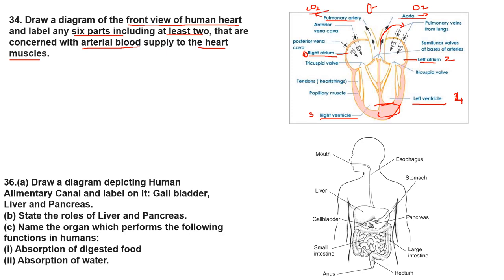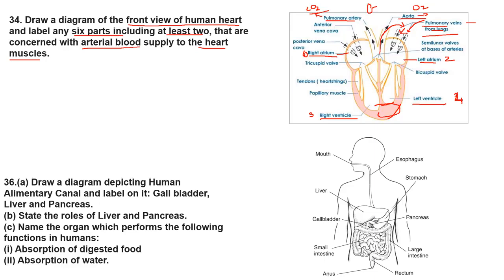So the pulmonary artery takes blood to the lungs, where there will be exchange of gases, and from the pulmonary vein, the oxygenated blood comes inside the left atrium. The pulmonary vein is the only vein which has oxygenated blood, and the pulmonary artery is the only artery which has deoxygenated blood.